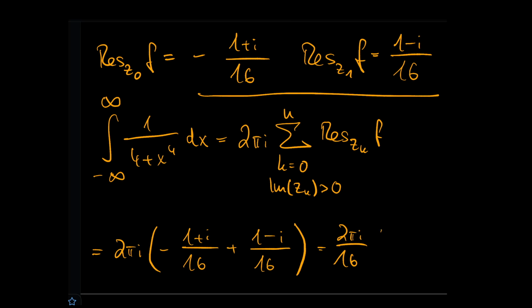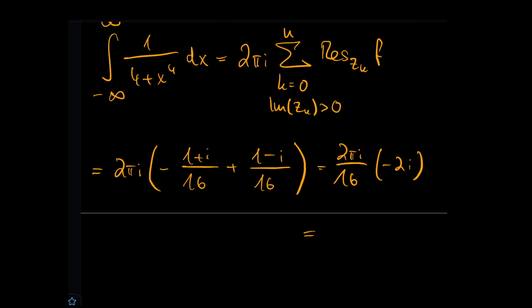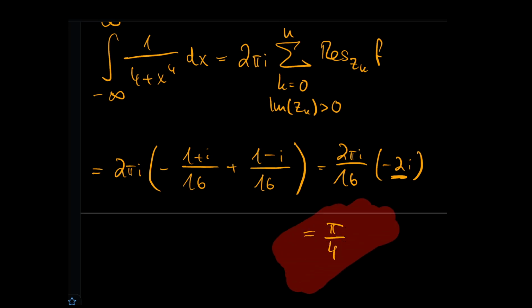All right, this is also quite simple because 2 pi divided by 16, this just gives us pi over 8. Then we have the 2 here, so the pi over 8 turns into a pi over 4. And then we have minus i times i squared. i squared is just minus 1, so we have minus 1 times minus 1 equals 1, and this is our final result, pi quarters. Amazing.